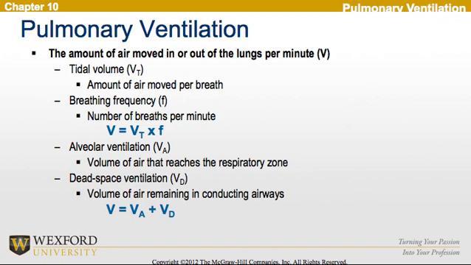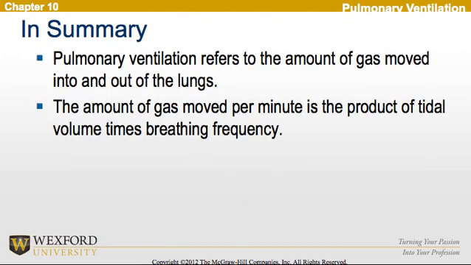And we have dead space ventilation, which is the volume of air remaining in the conducting airways. In summary, pulmonary ventilation refers to the amount of gas moved into and out of the lungs. The amount of gas moved per minute is the product of tidal volume times breathing frequency.